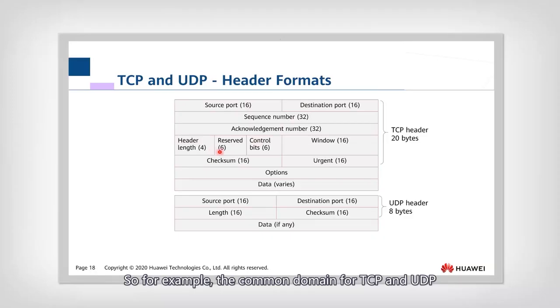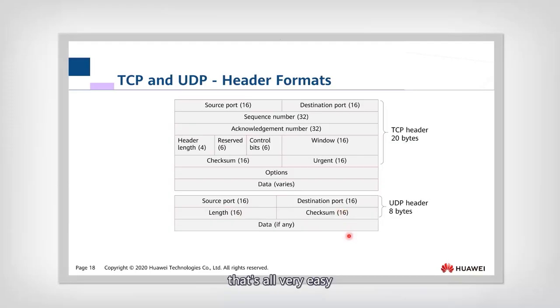The common fields for TCP and UDP are the source port and the destination port. The port number is very important for different applications, which typically use different ports in the computer. In UDP, there is also a length, which is the length of the total packet, and a checksum.